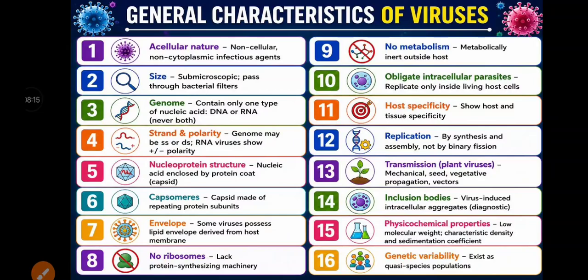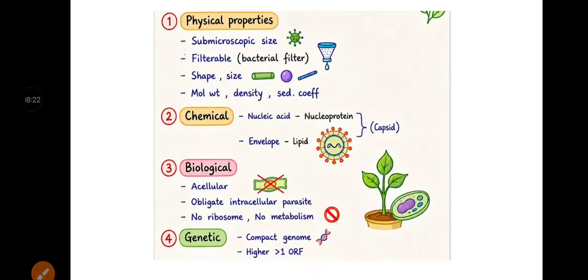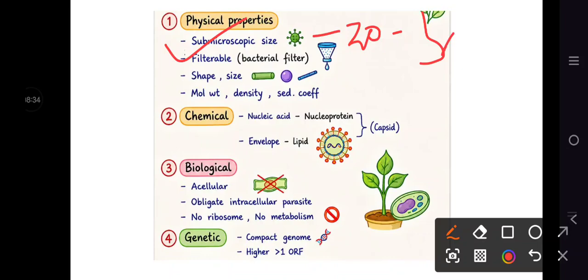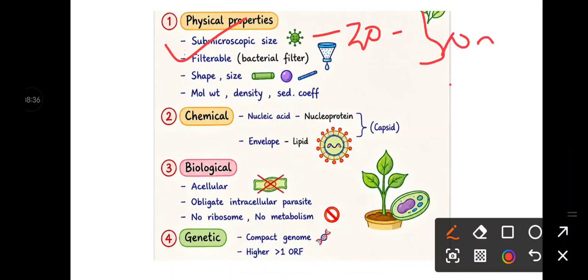But if you want to go for a short question answer like 5 marks, you can modify it like this. You can simply write the physical properties of virus. There you can mention the submicroscopic size, it ranges from 20 to 300 nm. Then it is filterable, means it can pass through the bacterial filter.